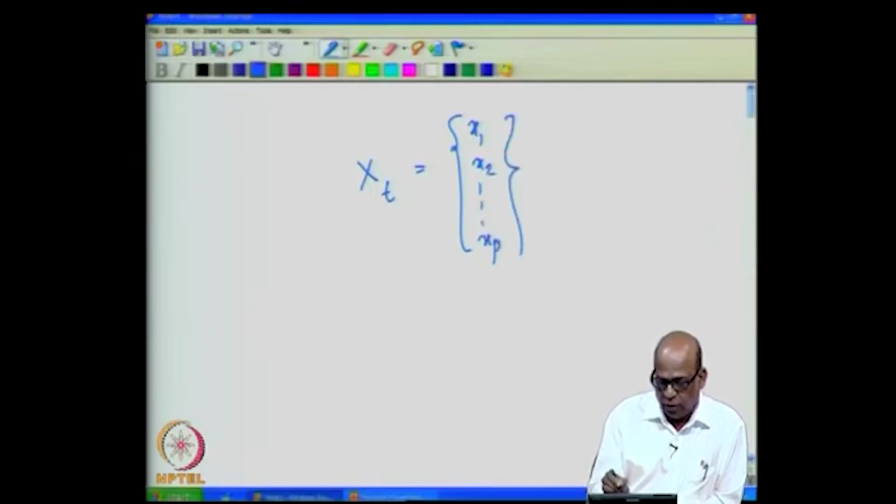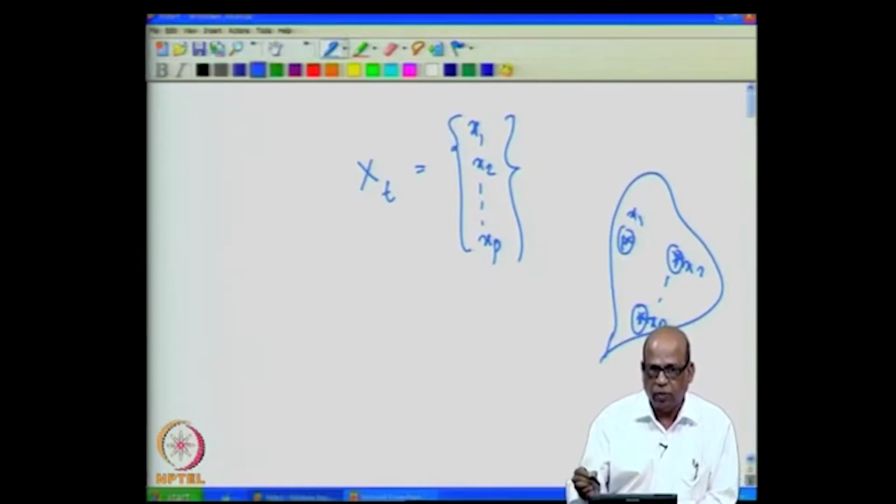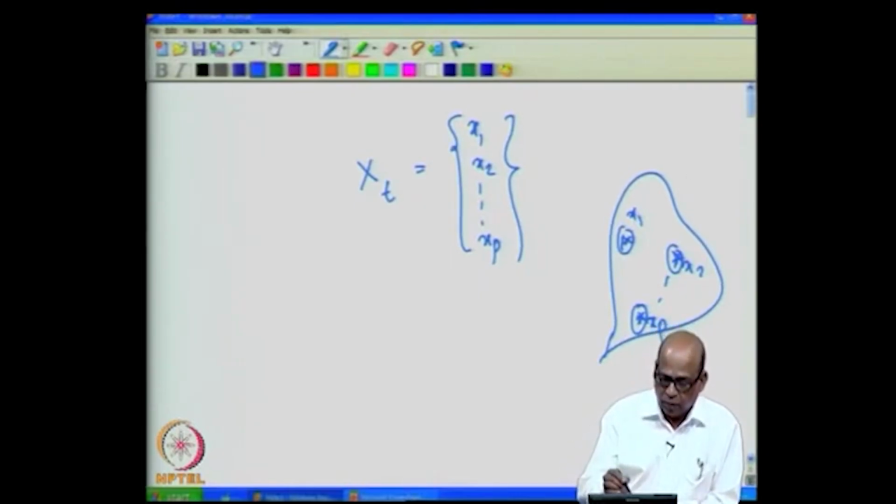Now, these are the data at these various locations, x 1, x 2 etcetera x p. And at each location you have n time period data. So, you have x 1 at time period t, x 1 at time period 1, x 1 at time period 2 etcetera. So, we are reckoning this at time period t, that is what forms x t.